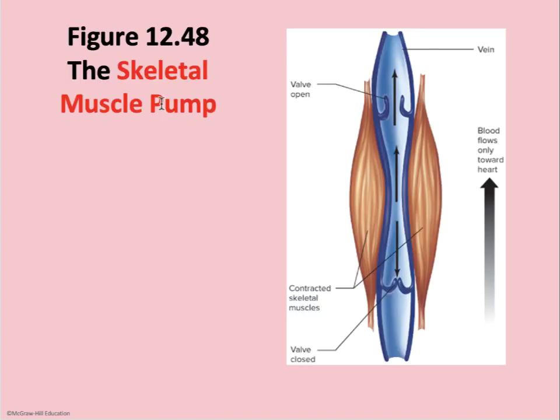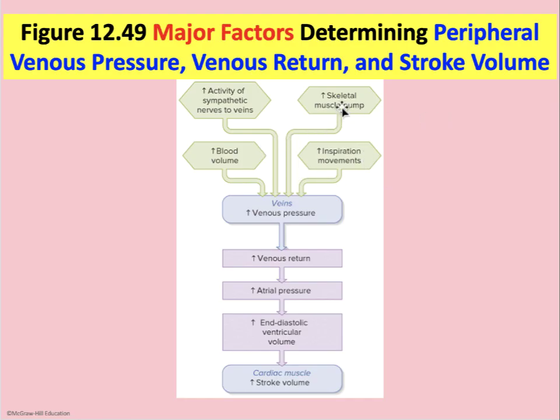Figure 48 illustrates both the nature of the muscle pump and the presence of valves in the veins, combining the three parameters that we just discussed, namely sympathetic activity, increased muscular pump effectiveness, and the inspiratory sucking action of the respiratory system. Combining that with what we learned earlier, that blood volume can impact venous return. All these are responsible in a knock-on effect in regulating the stroke volume.